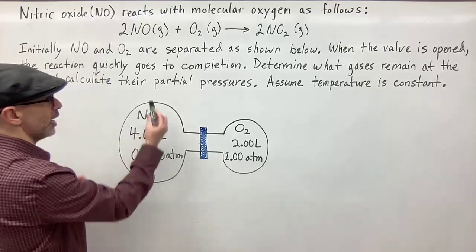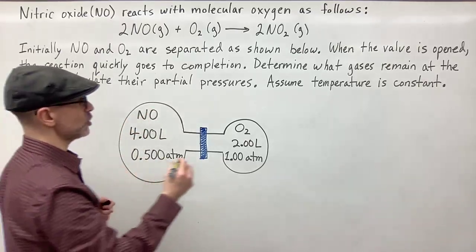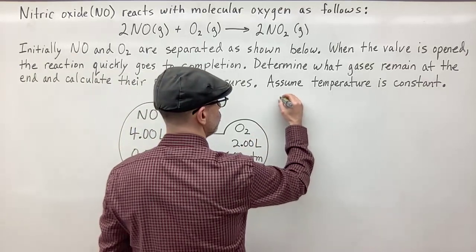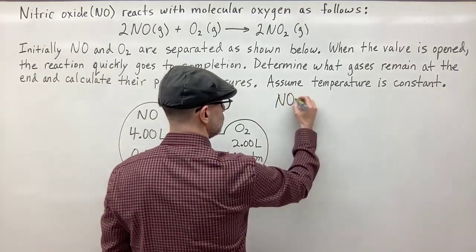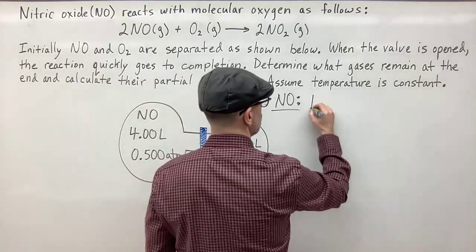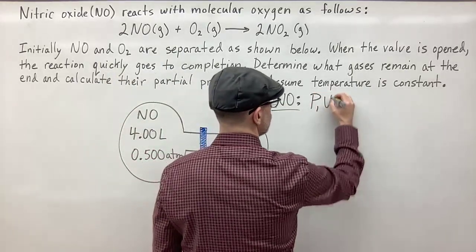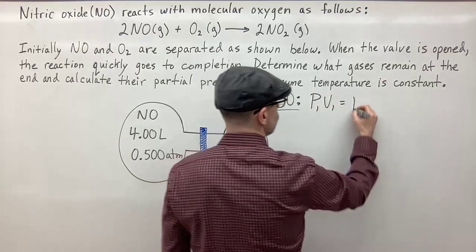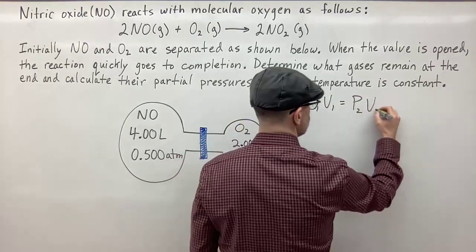Okay, so let's do that. We'll do NO first. P1 V1 equals P2 V2.